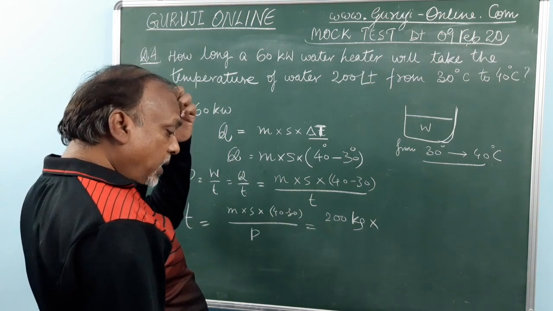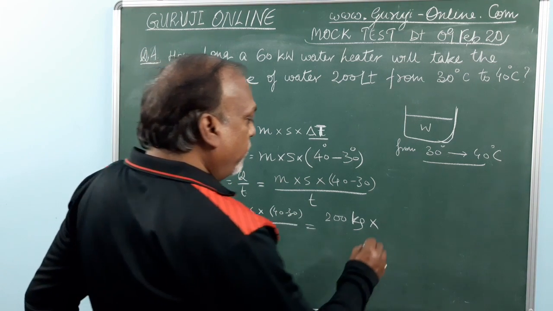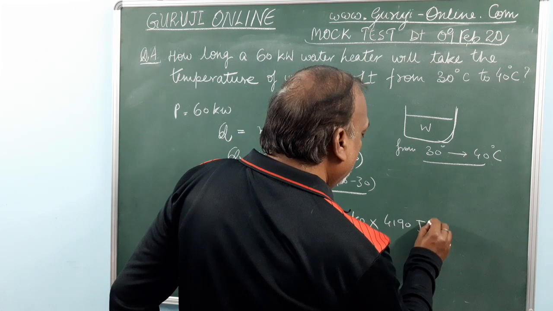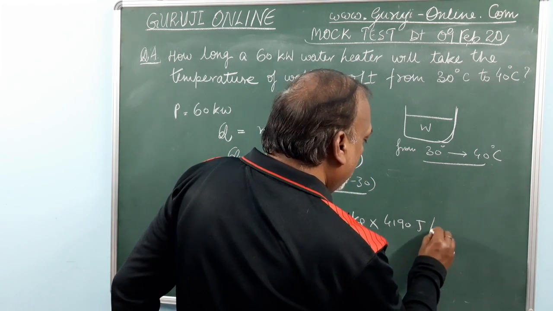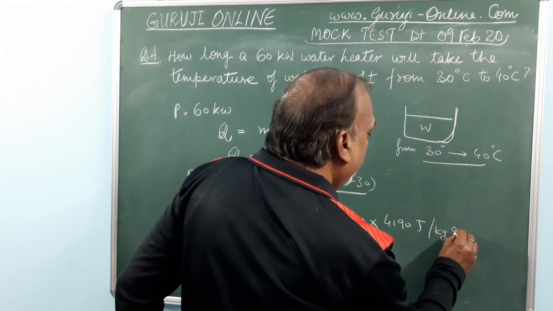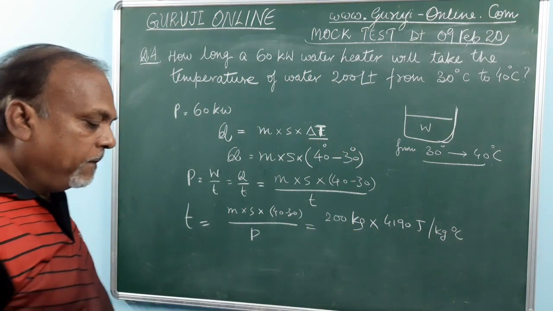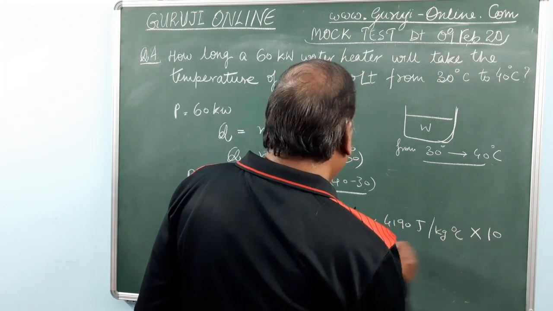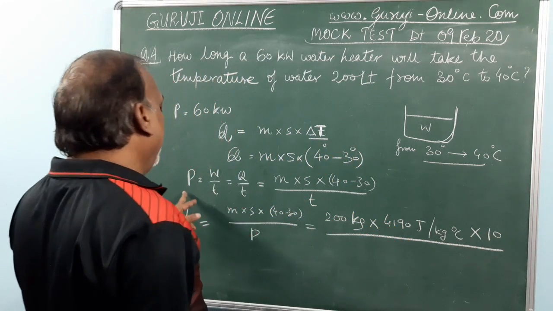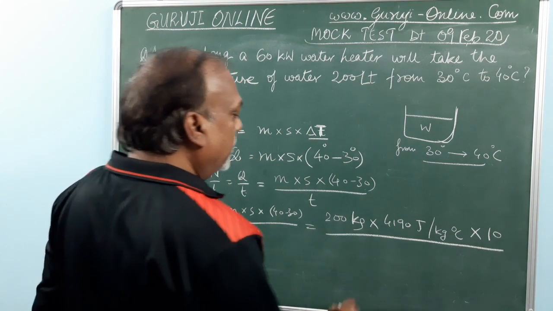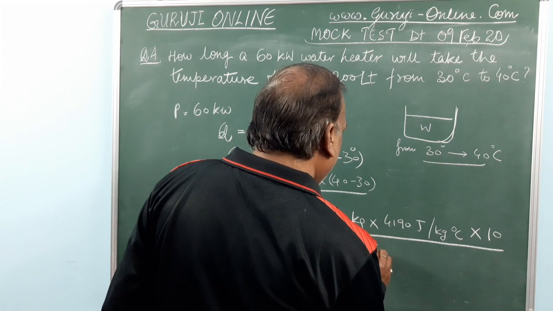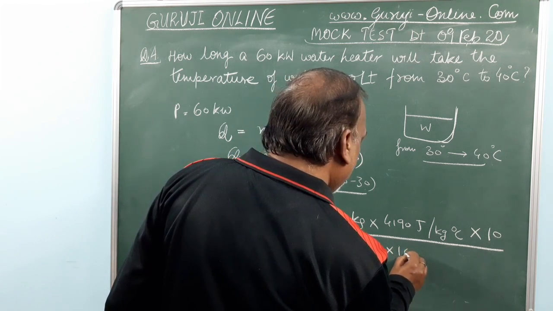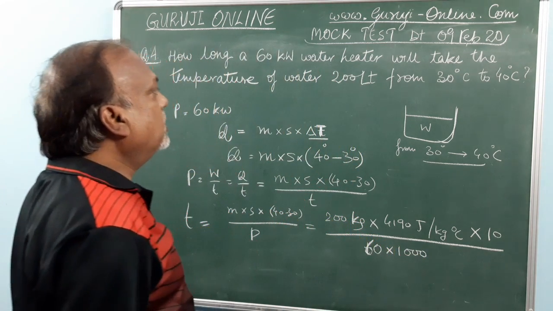Specific heat of water is 4190 joule per kg per degree centigrade, into this is 10 degree, upon this is P. P is 60 into 1000 watt. Watt is nothing but joule per second.